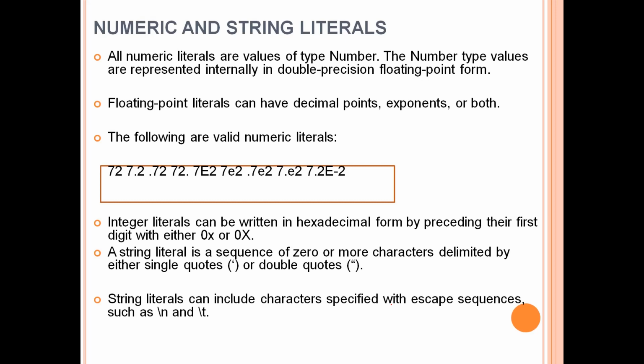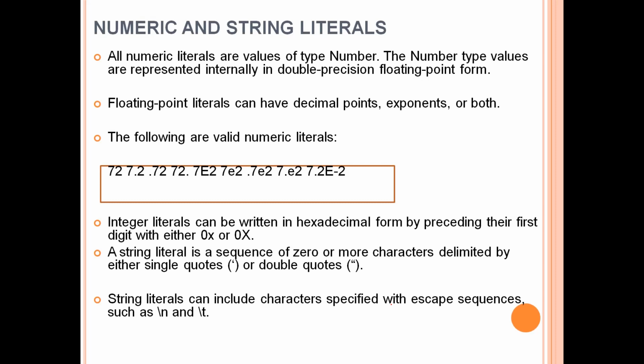Floating point literals can have decimal points, exponents, or both. The following are valid numeric literals. You can see 72, it is a numeric literal, 7.2, it is a numeric literal, 7e2, or 7 small e2, all these are numeric literals, remember.